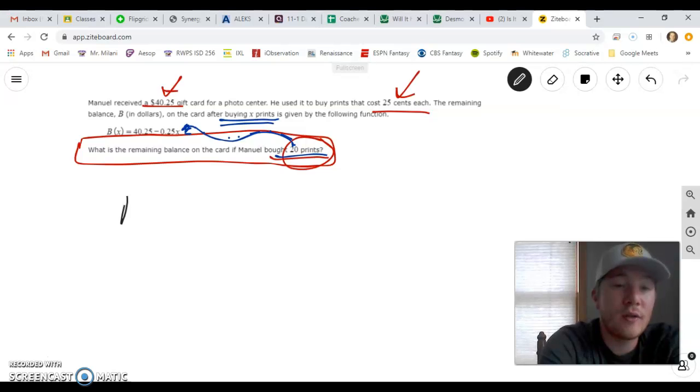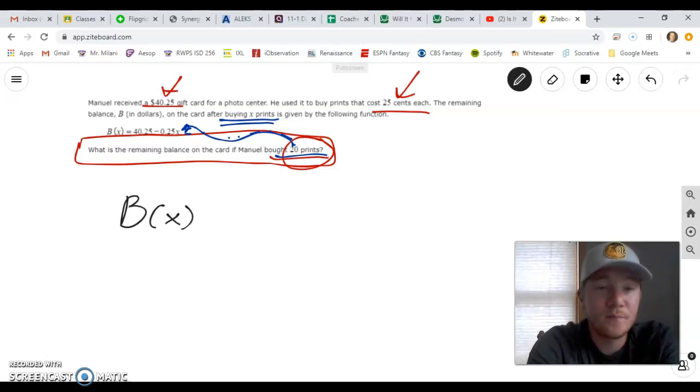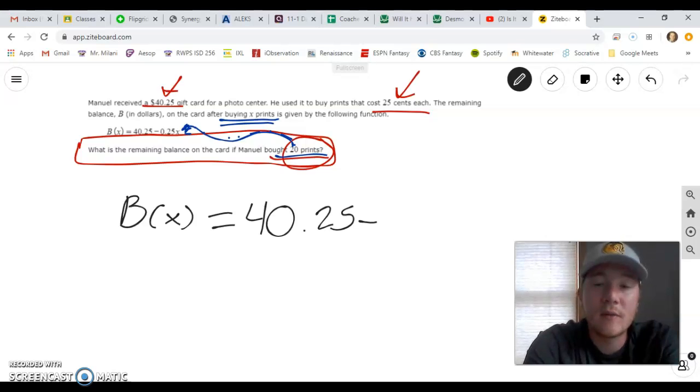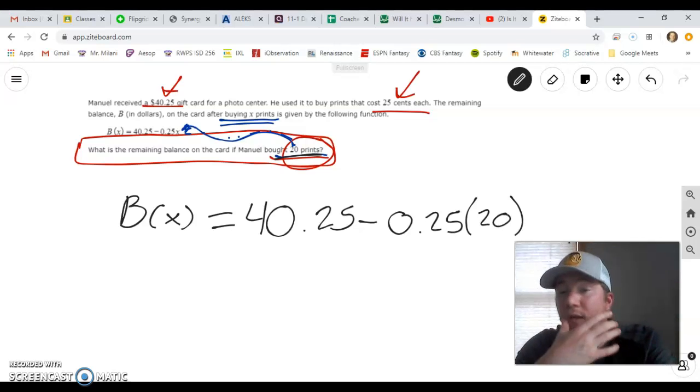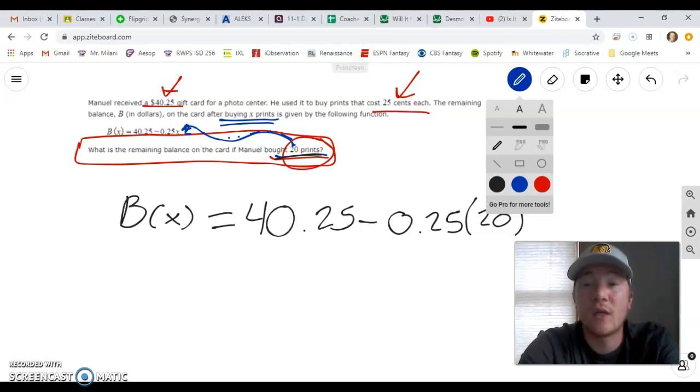So your new equation, the balance in terms of X, is equal to that original $40.25 minus 25 cents times however many prints he gets. How many prints is he getting? 20. They're going to tell you that. That's the variable you're plugging in. So that's going to be 20. Okay? So then this is the exact same thing as the things we saw above.